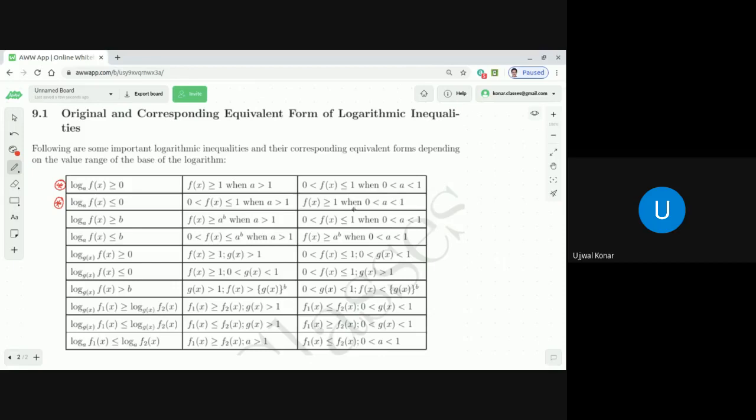If you look into it very minutely, the equivalent inequations are actually the same when you change the inequation for the base. Correct, no? f(x) greater than or equal to 1 is true for a greater than 1. And the same thing is true when a is in between 0 and 1, in case the inequality gets changed. Correct or not?